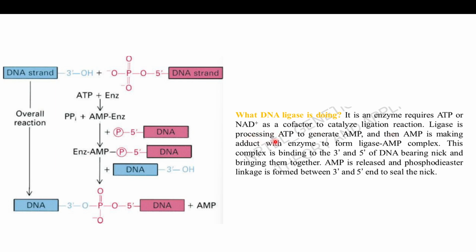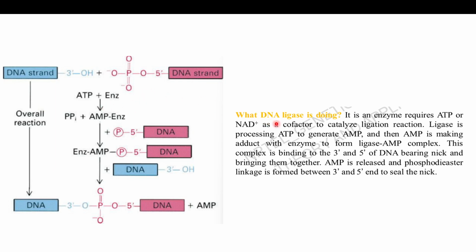Ligase processes ATP to generate AMP, thereby releasing two inorganic phosphates. Then AMP forms an adduct with the enzyme, an AMP-enzyme complex. Here, suppose there's this DNA strand with a 5' phosphate and this DNA strand with a 3' OH: a free 3' OH and a free 5' phosphate group.